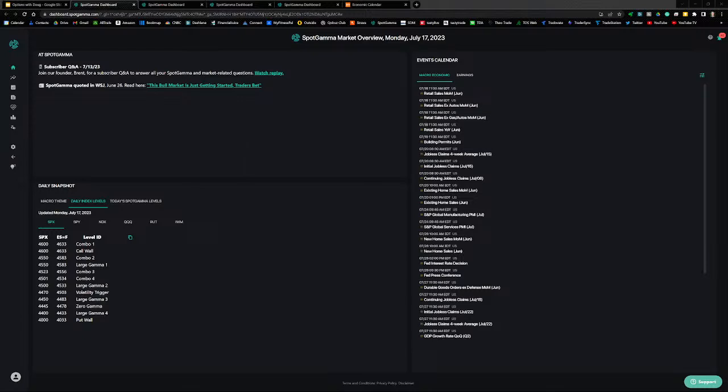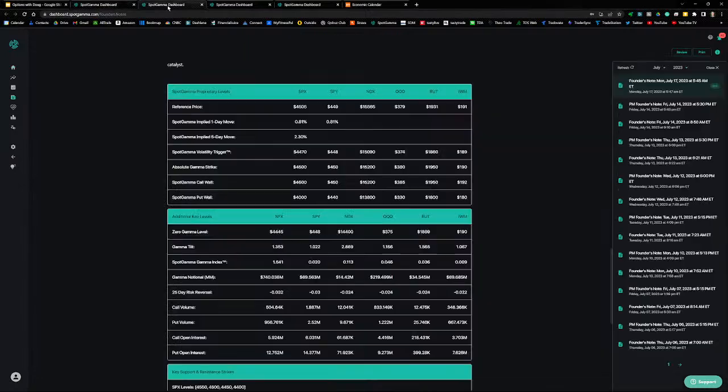What I want to point out first is gamma notional. This is for SPX, SPY, NDX, and QQQ. Note that gamma notional is positive for all products, SPX, SPY, NDX, and QQQ.